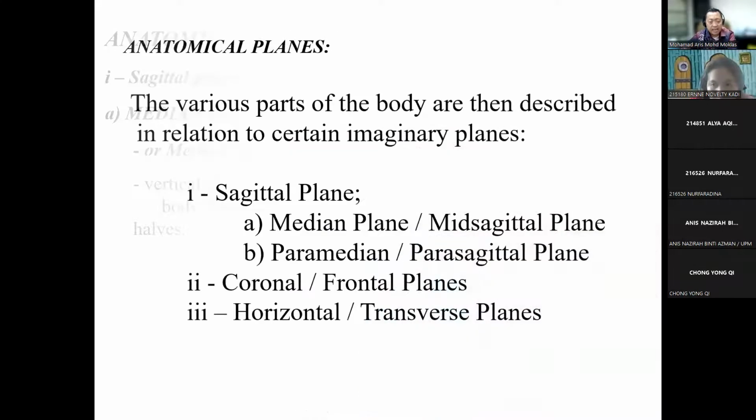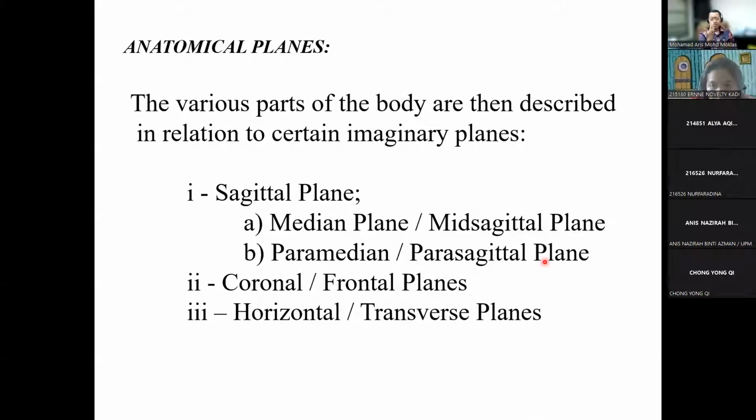Under the sagittal plane, it can be further subdivided into the median plane and the paramedian plane. The median plane is also known as the mid-sagittal plane, and paramedian is the parasagittal plane. For sagittal planes, I prefer to use median plane or parasagittal plane. So simple. This plane will divide the body equally into left and right.